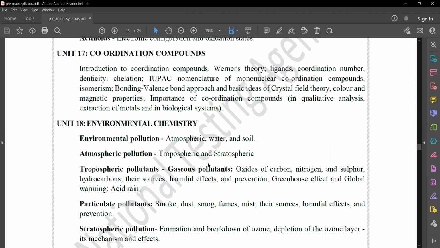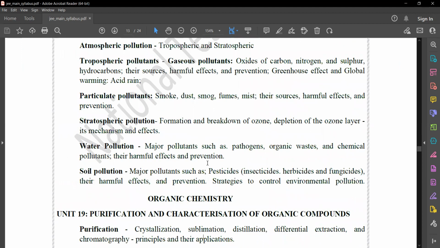Some of the chapters are reduced in the CBSE syllabus, so you have to go through them.